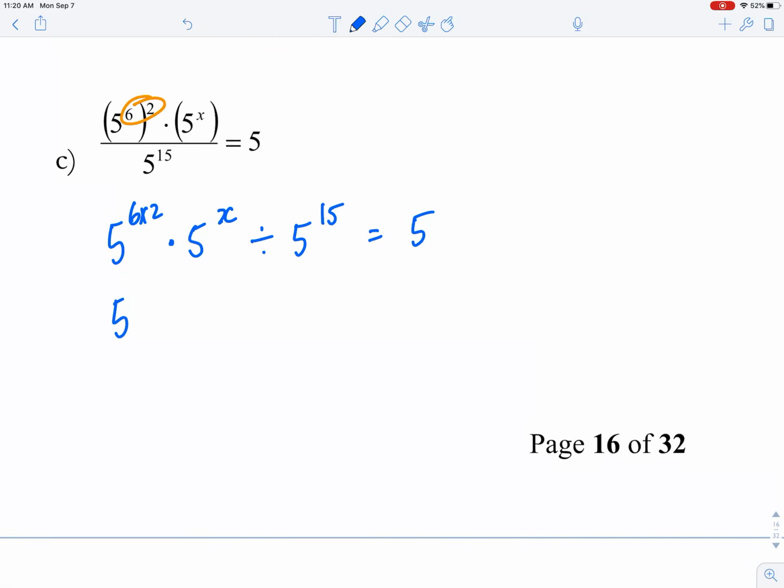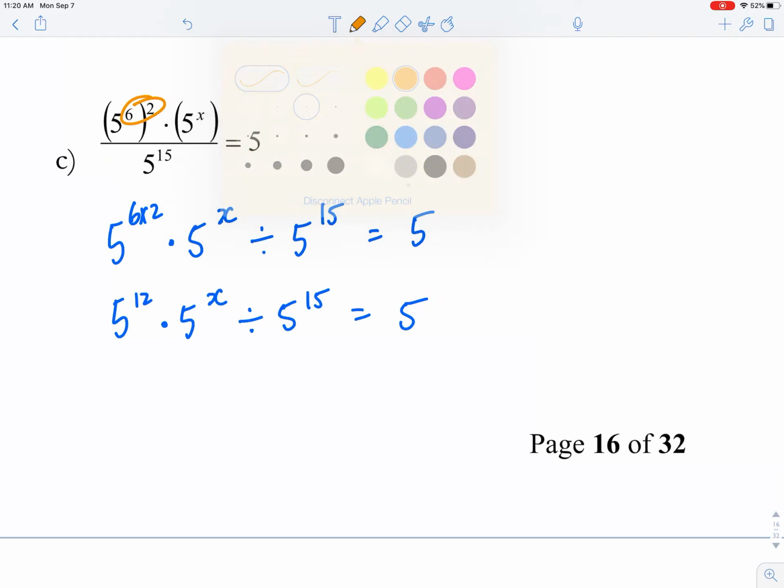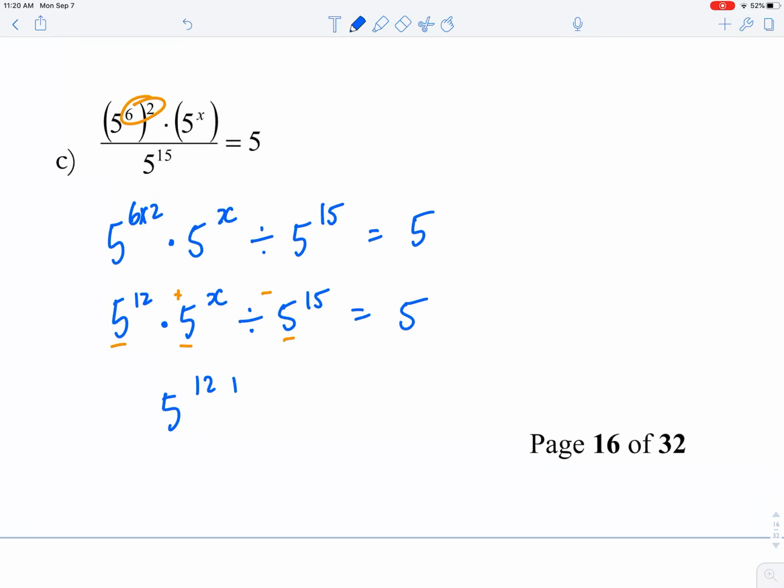So that gives 5 to the 12 times 5 to the x divided by 5 to the 15 equals 5. If I use exponent laws, right here, all the bases match. So multiplying is going to be an addition. Dividing is going to be a subtraction. We're going to get 5 to the 12 plus x minus 15 equals 5.